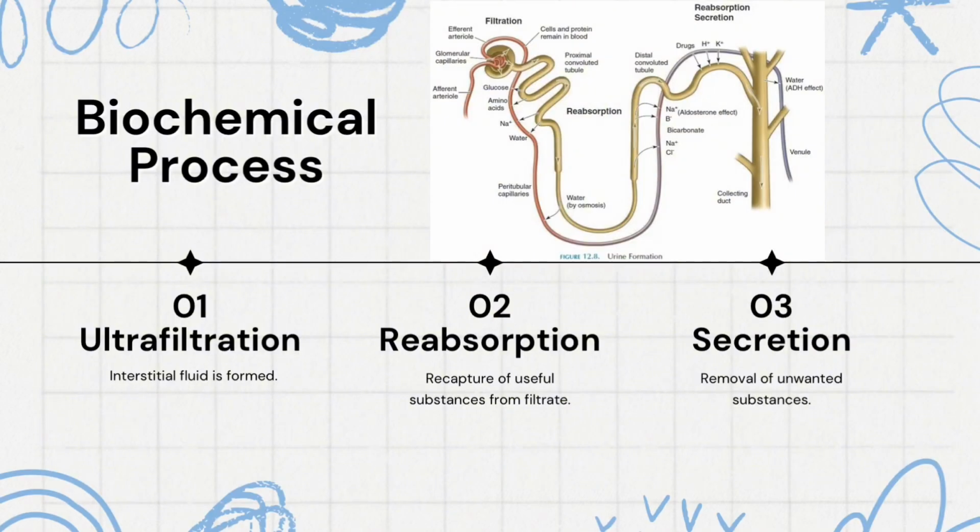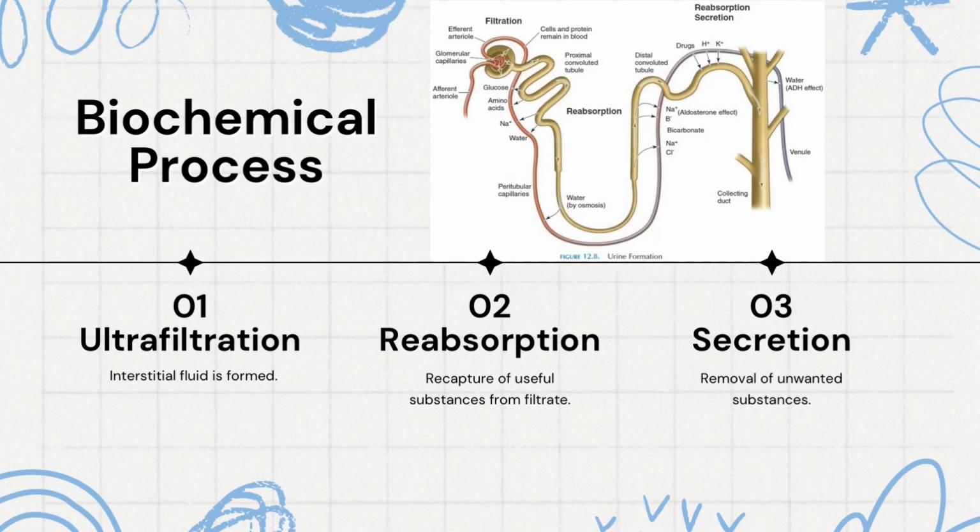Next, let's dive into the formation of urine. There are three main processes involved in the formation of urine, which are ultrafiltration, reabsorption, and secretion. Ultrafiltration is the mechanism whereby interstitial fluid is formed as blood flows through capillary networks in the body.